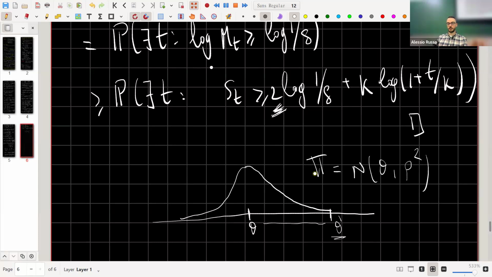You choose a parameter rho. This is a fictitious parameter that you introduce. And then you also introduce a prior over rho. So not only do you have a prior for the value of lambda, but you also introduce a prior for rho, and this can be some heavy tail distribution.